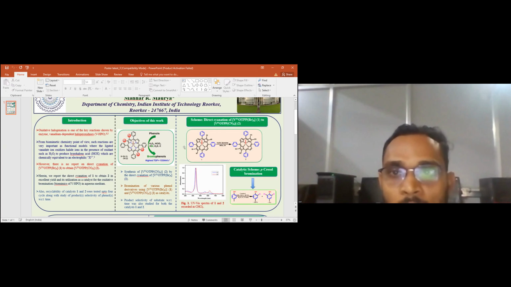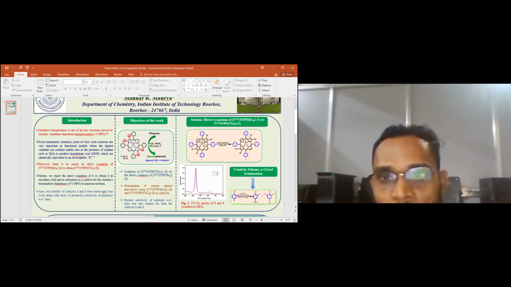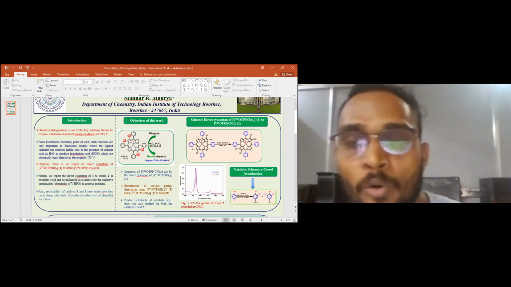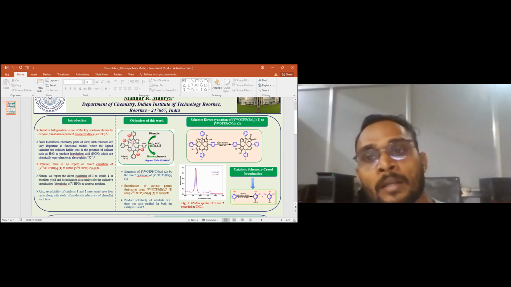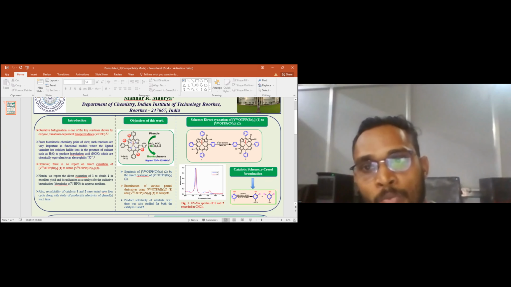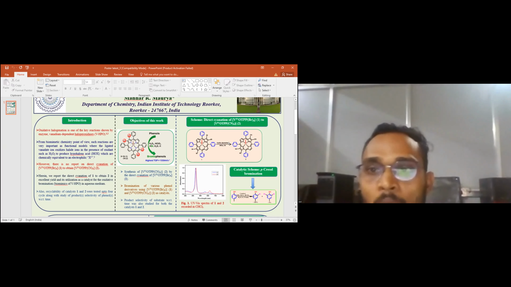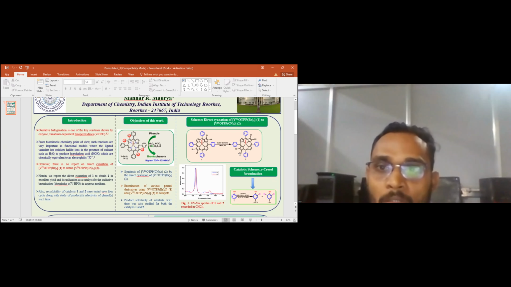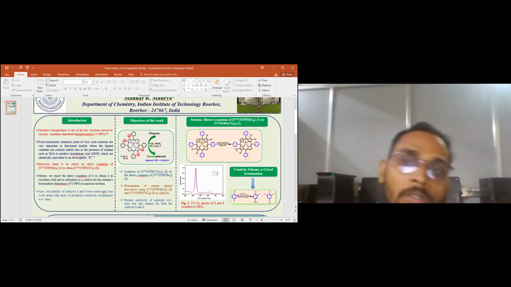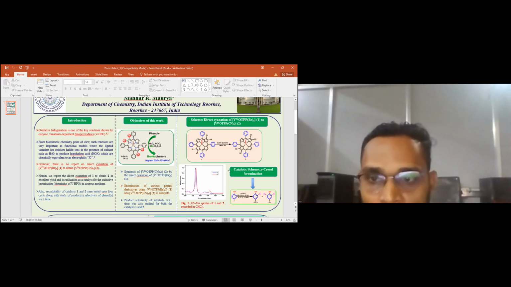So here is the scheme for the synthesis of tetracyano that I have used. I synthesized tetrabromo porphyrin and directly reacted it with cuprous cyanide in quinoline, refluxed it for 3 hours, and I got the tetracyano with 32% yield.